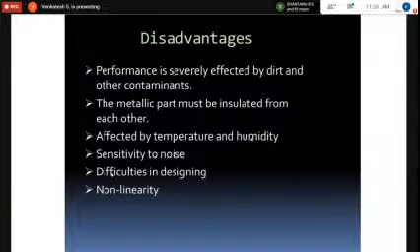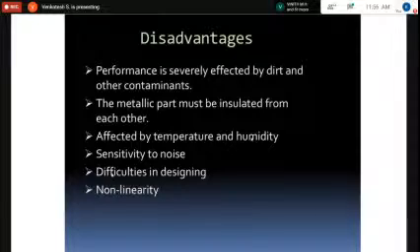The humidity acts as a dielectric which affects the capacitance measurement in different humidity environments. The metallic parts must be insulated from each other, so there must not be a short in any manner.